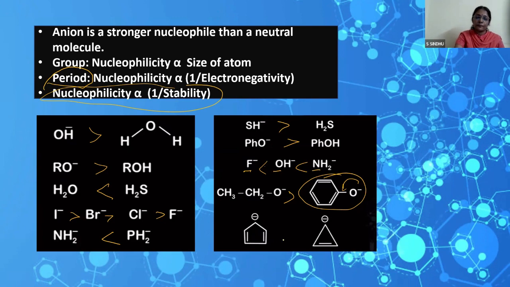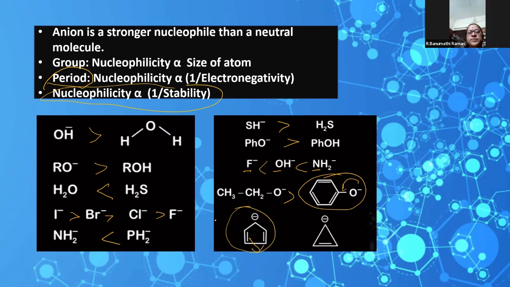The second one is an anti-aromatic compound. The first one is aromatic, so stable. It satisfies the 4n plus 2 rule. So this will be aromatic and stable. So that means this will be a better nucleophile. Just thought we would go a little deeper into it.